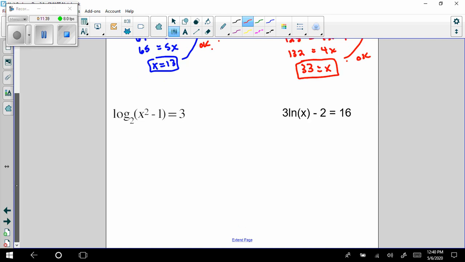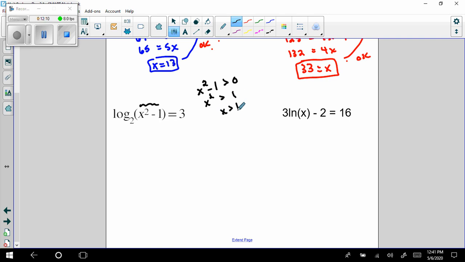All right, so on this one, that x squared could cause us some problems. So my argument is x squared minus 1. That has to be greater than 0. So x squared has to be greater than 1. But you got to think about this. x has to be greater than 1.